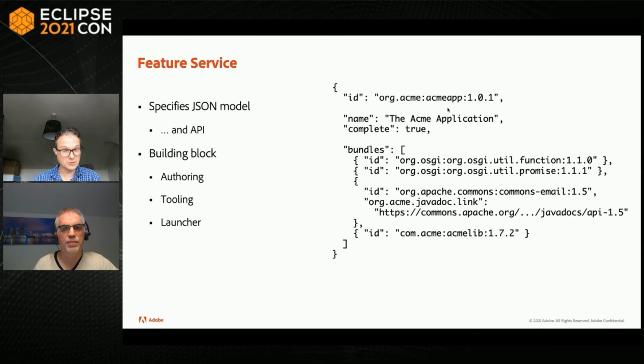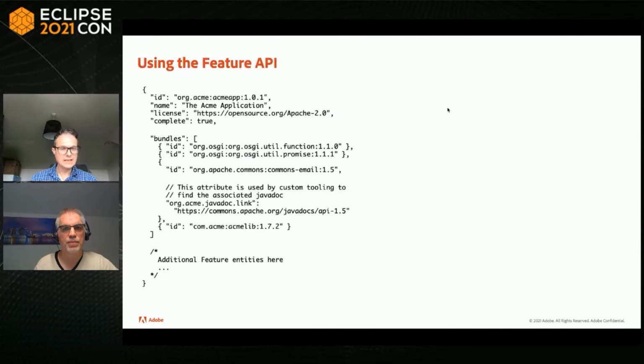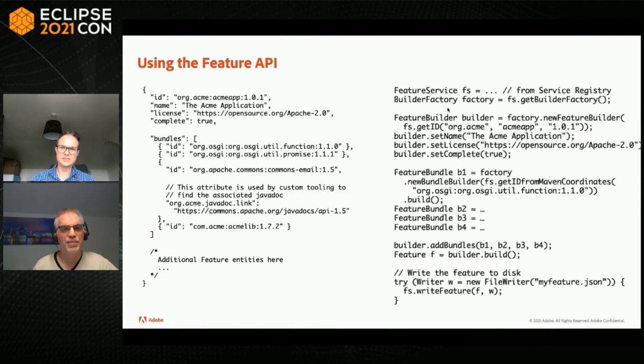You also see that there's a complete flag in the feature. This simply says if the feature is complete, then it doesn't need anything else in order to run it. It's basically transitively closed. So if you have a launcher and your feature is complete, then you can just launch it and it should work. Then here, a little example. It's the same feature again, but just a little example of what the feature API looks like.